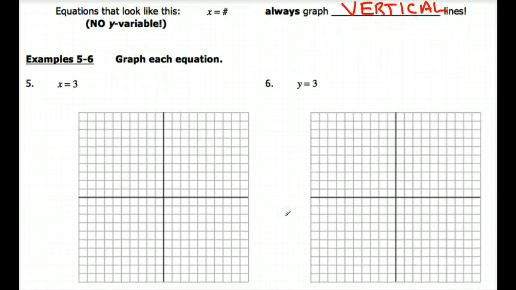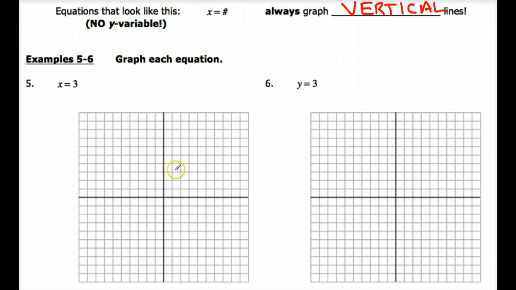For number 5, the equation is saying that x equals 3. What that means is that every single point on the line that we graph here is going to have an x-coordinate of 3. This is saying that x is always equal to 3 no matter what. So that means this line is going to be intersecting all the points that are 3 comma something.